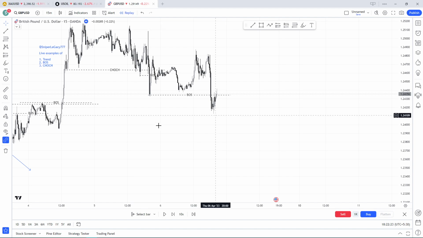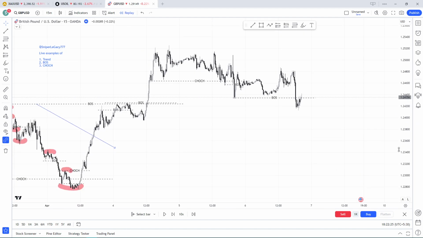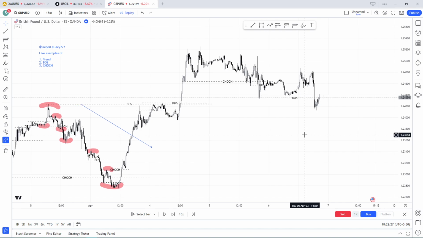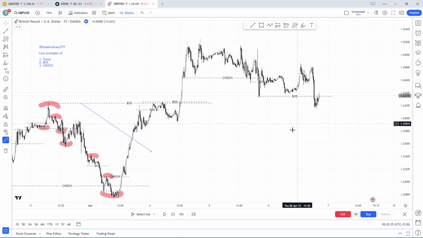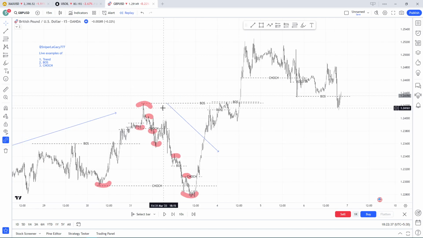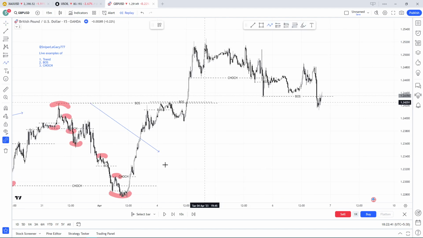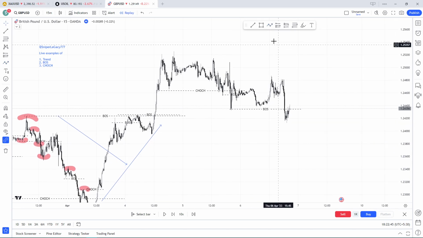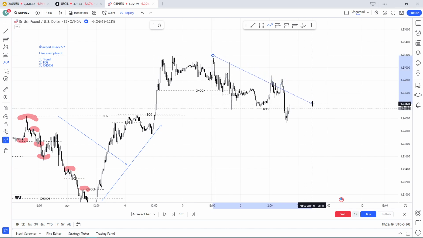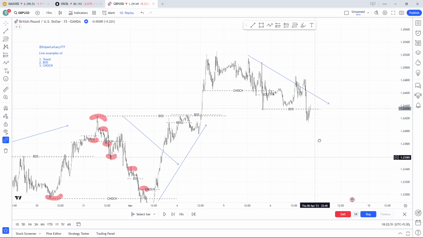And I think this video should be clear for you guys to know what is BOS, what is CHOCH, and how to change the trend, because we know that we were in an uptrend, then we changed our bias to downtrend, and we again came back to uptrend on this leg, and now after this CHOCH we are somewhat shifting our bias to downtrend.